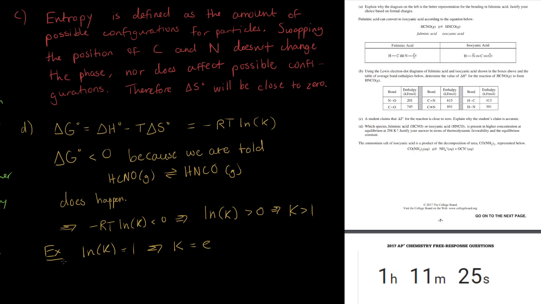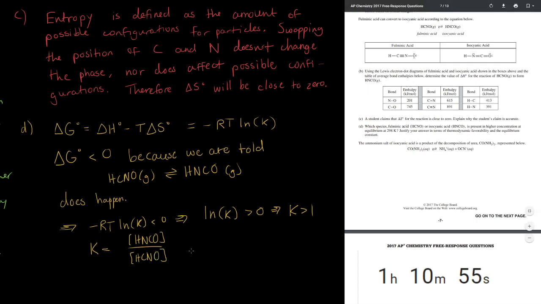Because as soon as K is greater than 1, let me just box, that makes it seem like I'm boxing this answer. I'm going to get rid of this example here. The purpose was to show that K is going to be greater than 1 given these circumstances, given that we know that the reaction does proceed a little bit. So K greater than 1, recall here, we can write K as the concentration of HNCO gas over the concentration of HCNO, and that comes from this equation, product over the reactants.